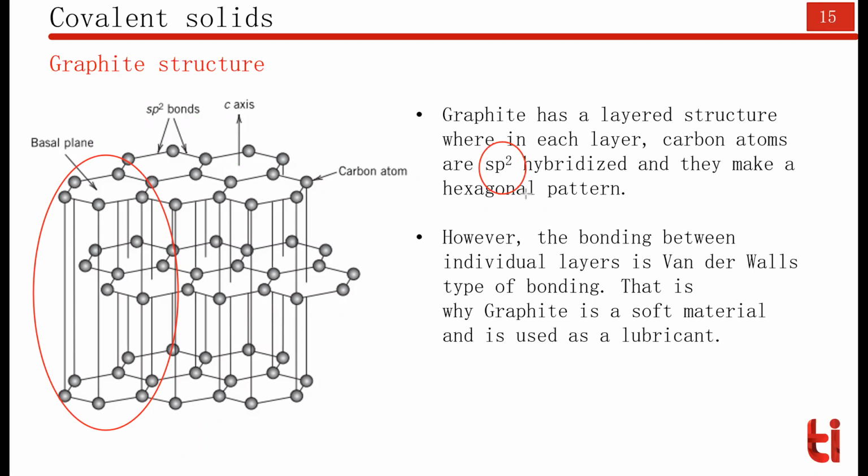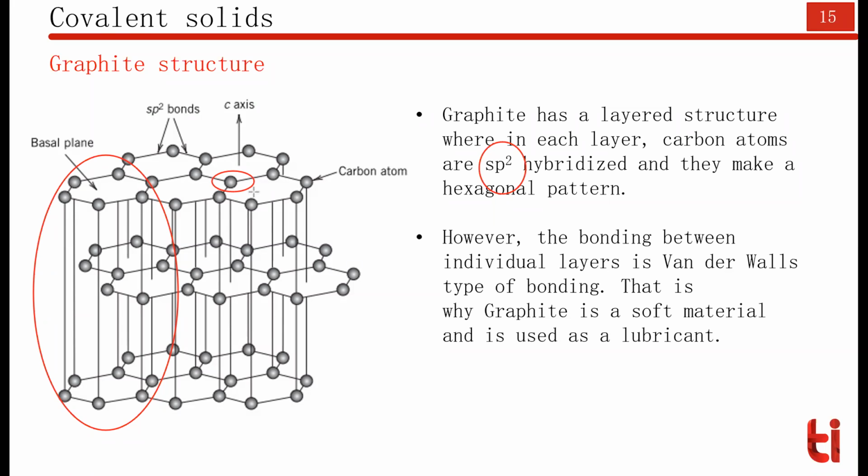That means every carbon atom is making three bonds, which you can clearly see in the unit cell. If you focus here, you can see that the carbon has three other carbon atoms surrounding it. So they are sp2 hybridized. Every bond within the ring of the hexagon is a covalent bond.